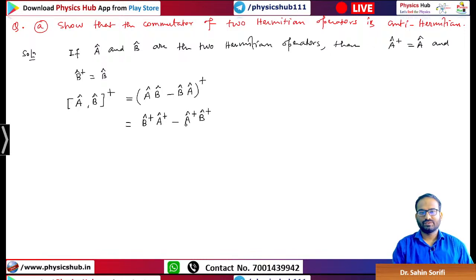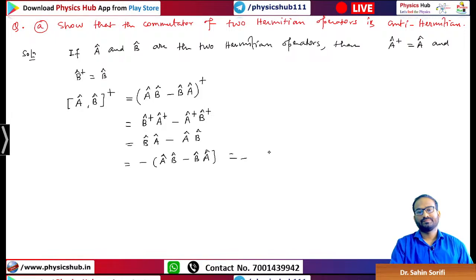I hope this is understood. Now using the property of Hermitian operators, B dagger is B and A dagger is A. If you take a negative sign common, AB minus BA is nothing but the commutator of A, B. Therefore the commutator of A, B is anti-Hermitian.